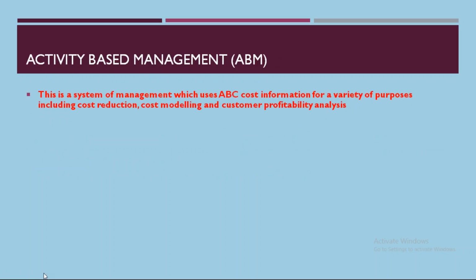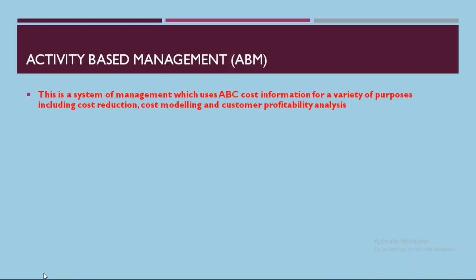What is activity-based management? Now, we must not mix up activity-based costing with activity-based management. Both are relevant, both go hand in hand. Activity-based management, or what we call ABM, is where we use activity-based cost information when we handle things like cost reductions, cost modeling or customer profitability analysis.